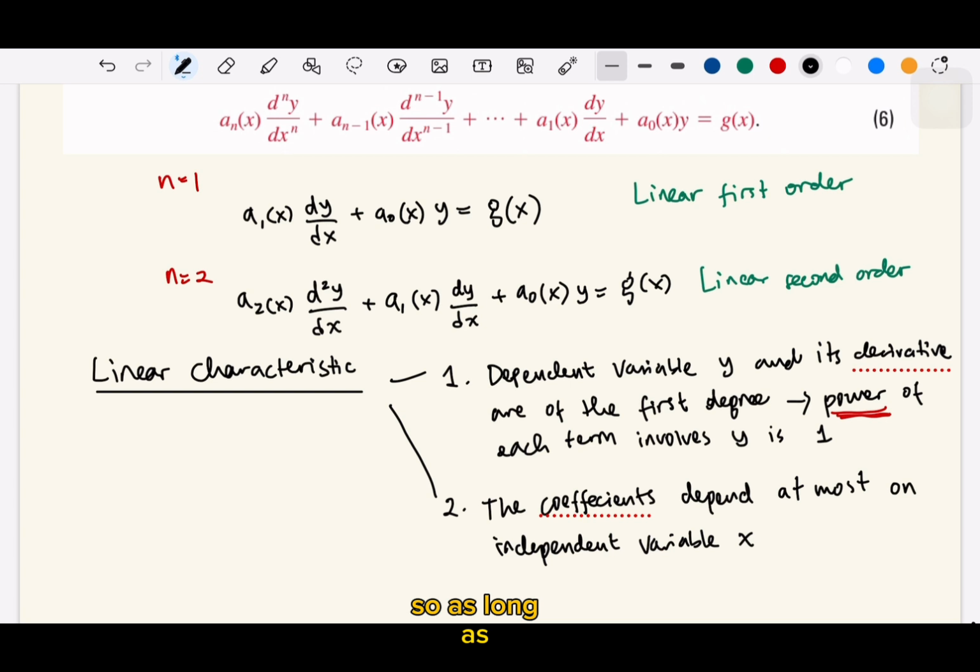So as long as the linear characteristic can be achieved, then it is linear.